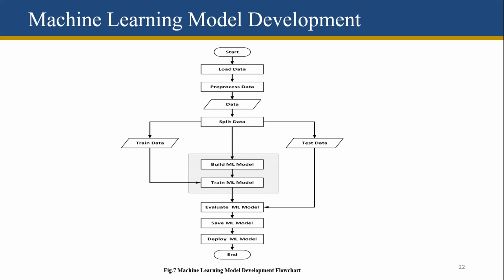Who can tell me why it is important not to use all the data to develop the model? Anybody? Why is it important that we don't use all the data to train the model? Yes, Sheriff. Please, I think so that later on when we are done with the development, we can test and see whether it's giving us the output we want.